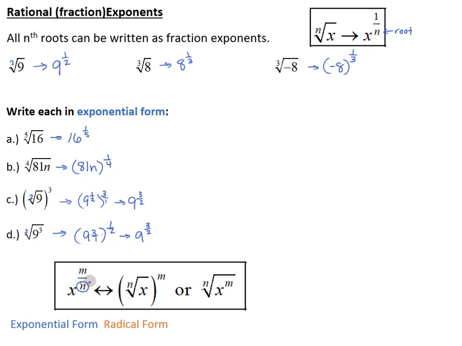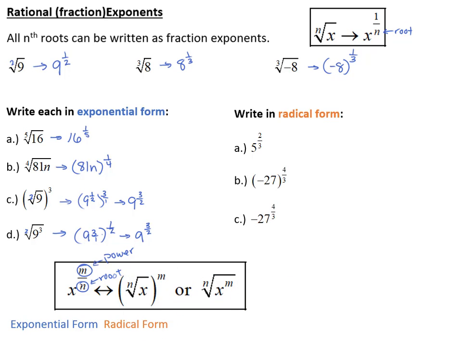So the root goes in the bottom, and if we're raising it to a power that's not 1, that goes up top. Okay, so this side is called exponential form, and these are the two versions of radical form that are equivalent to it.